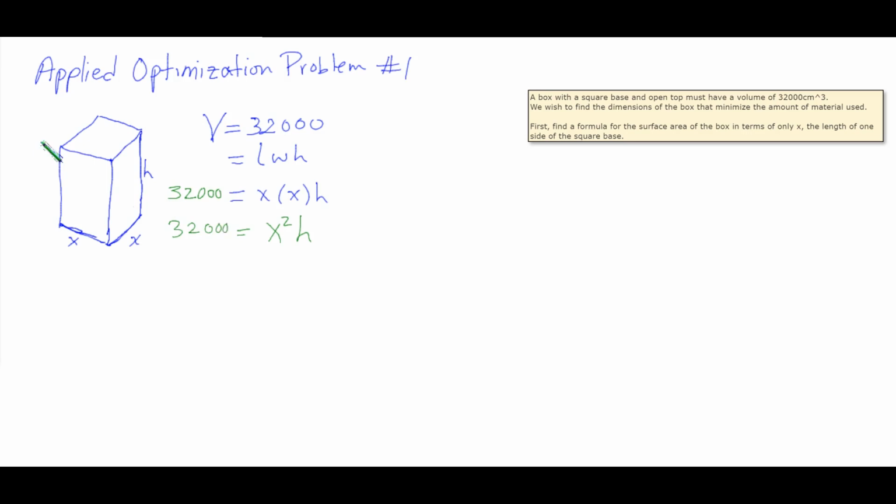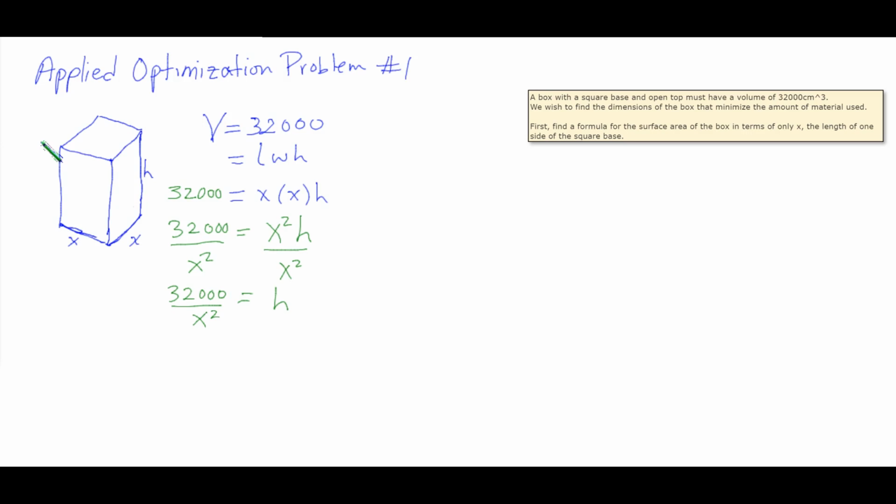Divide both sides by x squared. I end up with h is equal to 32,000 divided by x squared. So now we have the height of the box represented in terms of the variable x.